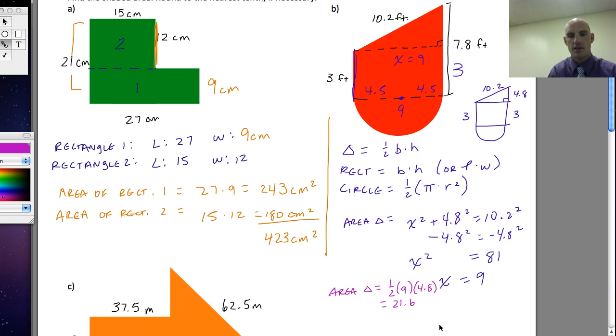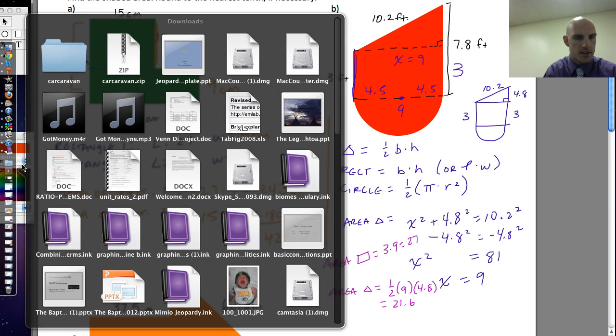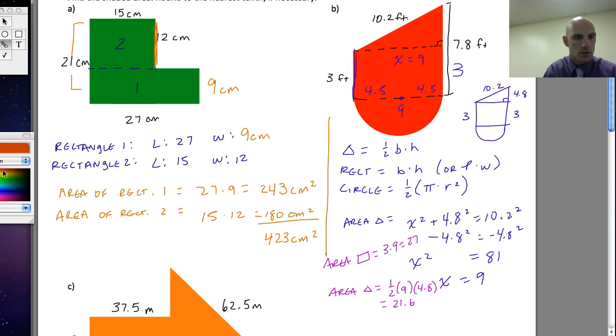Well, that's going to be 3 times 9, 27. So in yellow here, I'm going to write this down. So this triangle is 21.6. This is 27. And what about my circle?